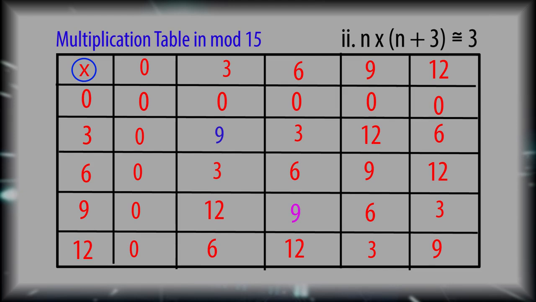Now, two says find the value of n if n times (n plus 3) is equal to 3. We do this by observation. So, by inspection, we find that 3 times (3 plus 3) is equal to 3. 6 times (6 plus 3) is not equal to 3.